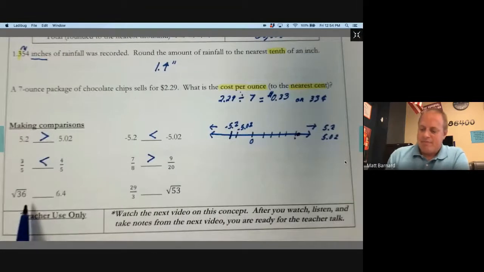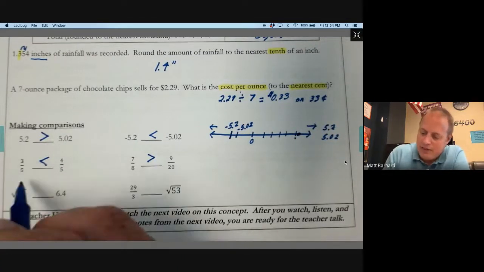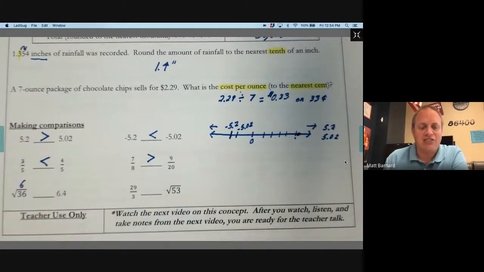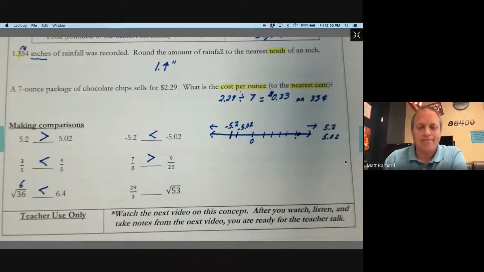Down here, we see the square root of 36 and we want to compare it to 6.4. If you remember, 36 is a perfect square, so the answer to this is really 6. And 6 is less than 6.4.